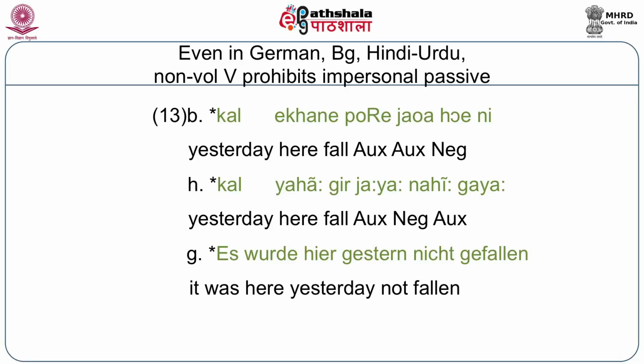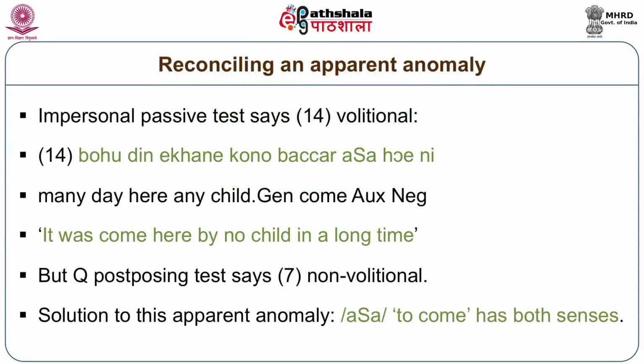Thus, impersonal passivization is connected to the phenomena that we watched in the case of quantifier postposing with bare objects that we have looked at earlier. If you consider sentence 14 in Bangla, "bahudin ekhane kono bachchar asha hoyni."